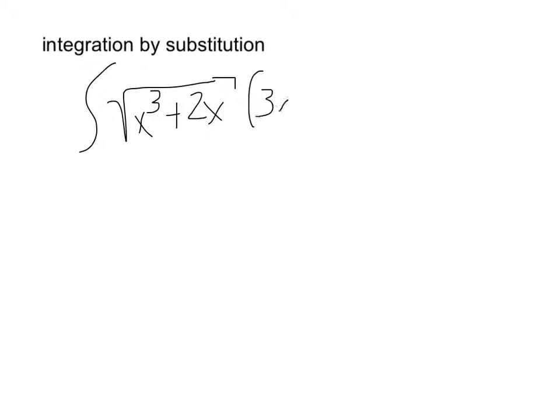For example, if I asked you to integrate this, and this is not a very easy one to integrate, but what you should notice is that if you look at this term right here, if you take the derivative of that, we actually get this term. That's what we're going to be looking for when we talk about integration by substitution.